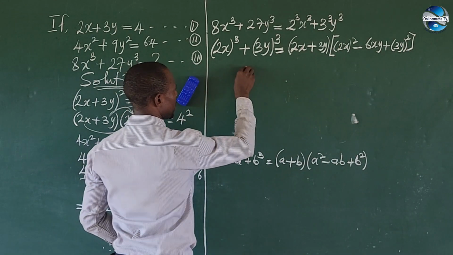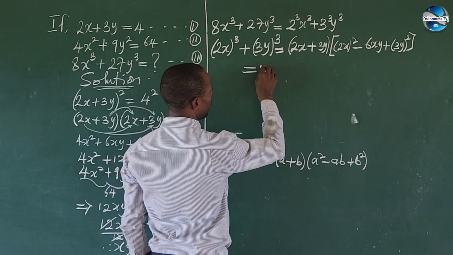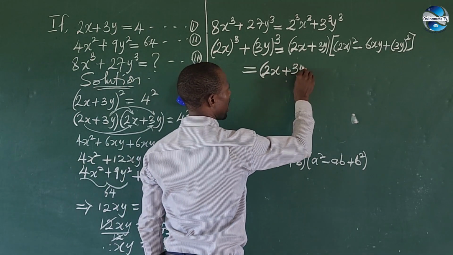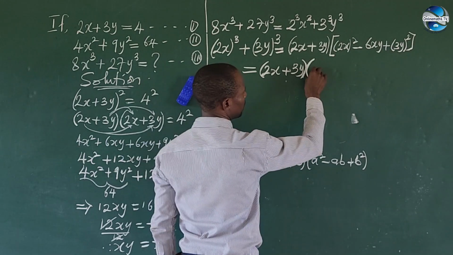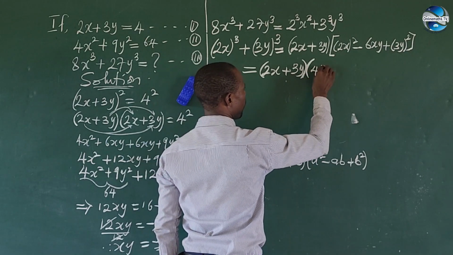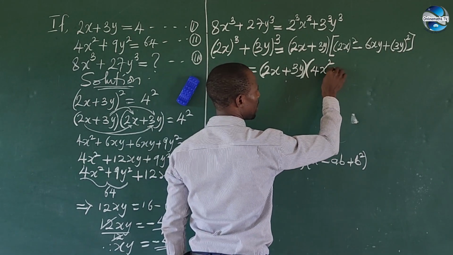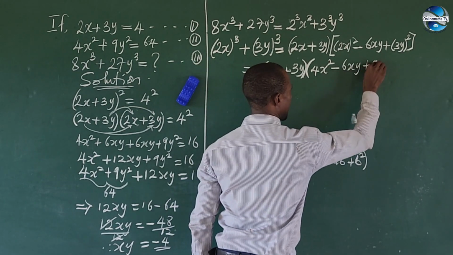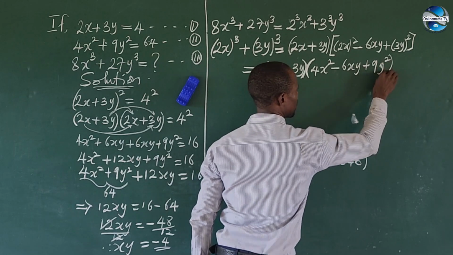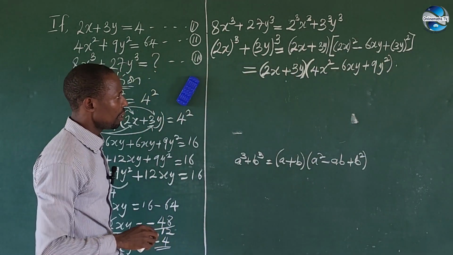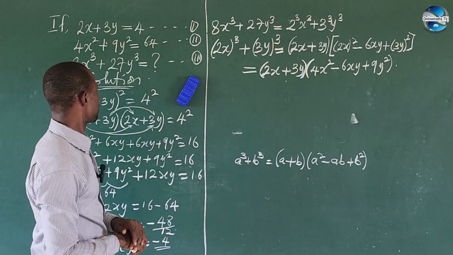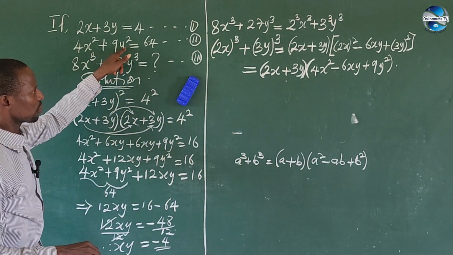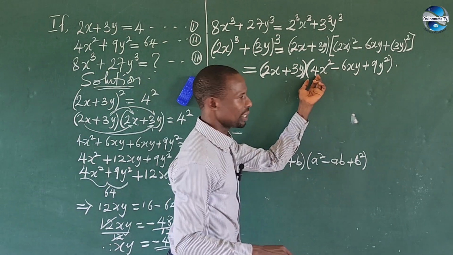So rewriting this will now give us (2x plus 3y) times (4x squared minus 6xy plus 9y squared). Now let's go back to our expression in equation 2. Look at equation 2. We have 4x squared plus 9y squared, so we can bring this and this together.